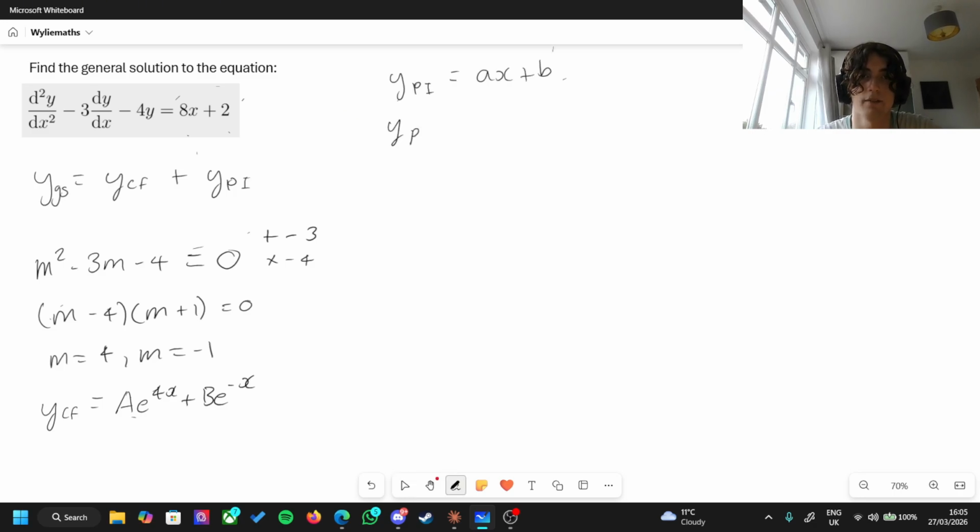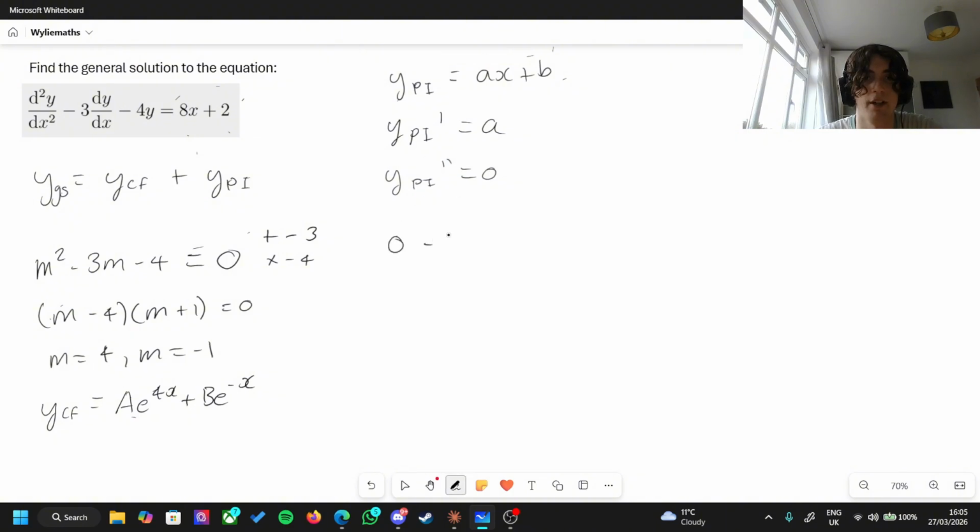So I'm going to write out y_PI, and then a dash up here to signify the first derivative, which is going to be a, as ax differentiates to a, and b differentiates to, well, nothing in terms of x. We then do this again to get our second derivative, which will be 0, as in terms of x, a differentiates to 0.